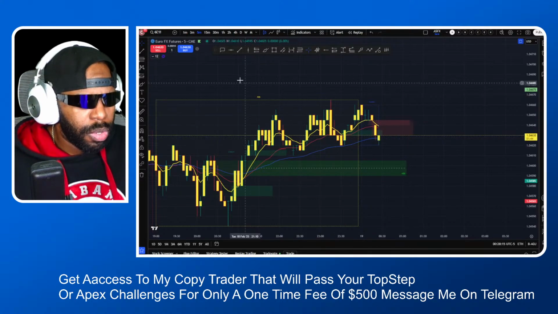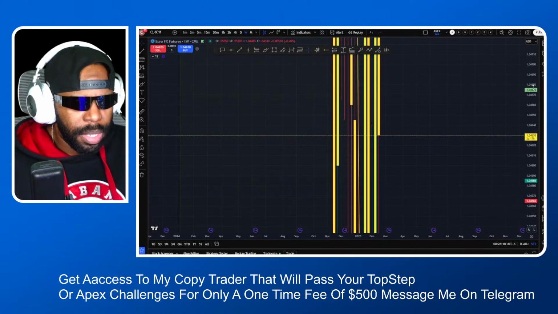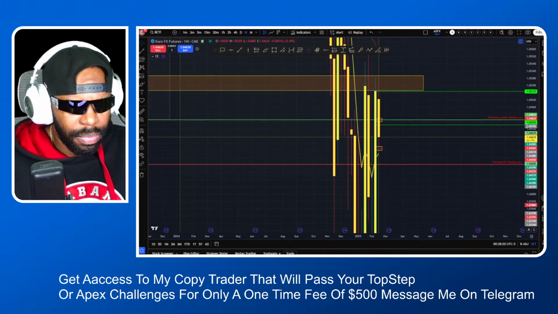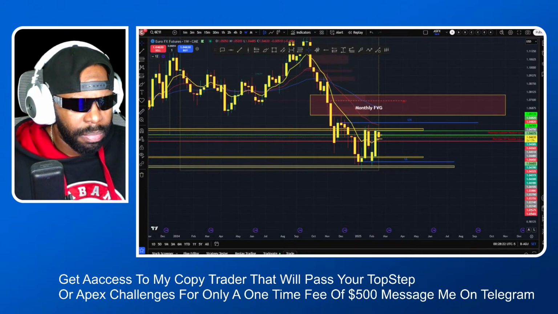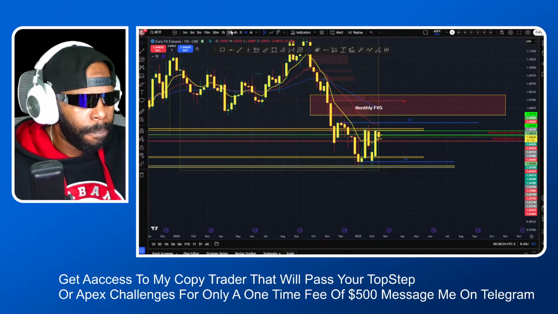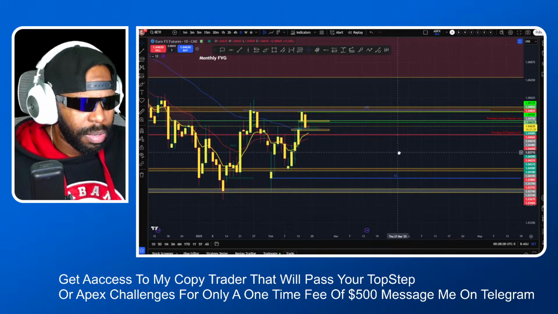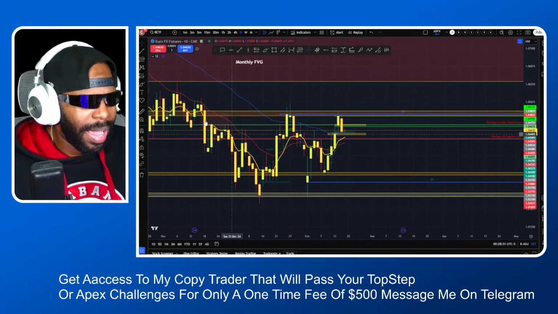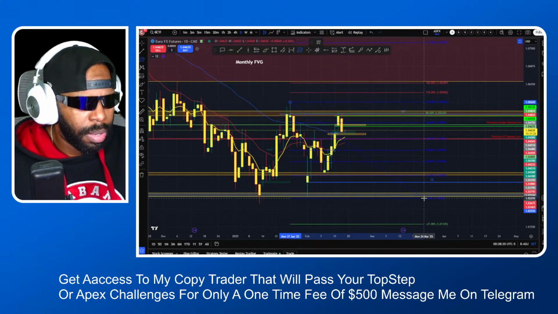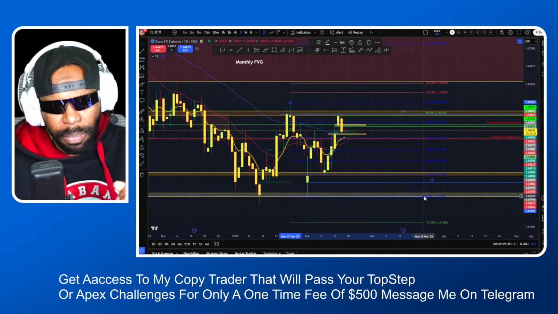Just a moment ago, I told you guys that the weekly time frame is bearish. The daily time frame is bearish. We're creating lower highs and lower lows, and I can even draw my Fibonacci retracement tool here. As you can see, price came up to the 88.6 Fibonacci retracement level.